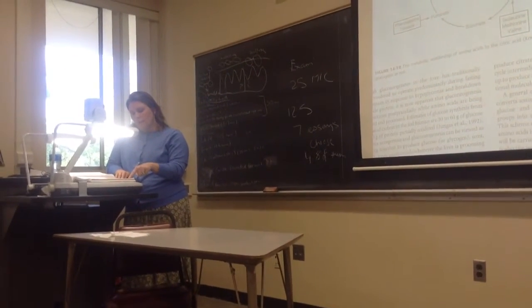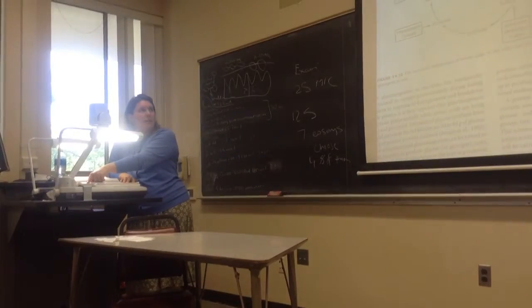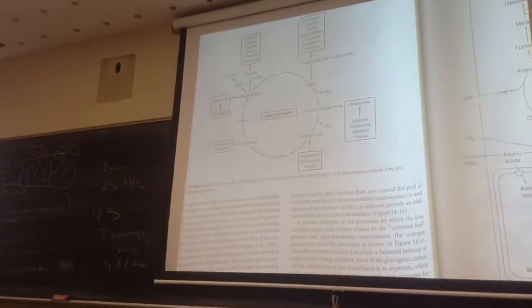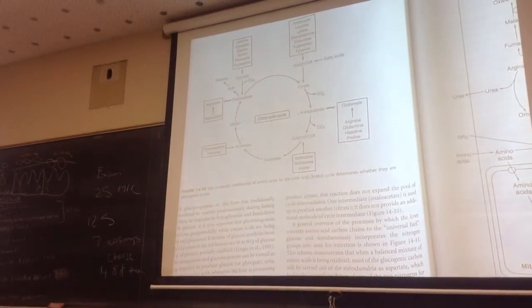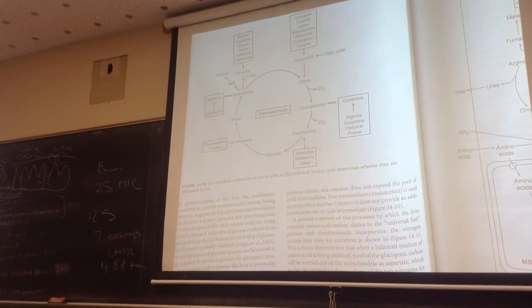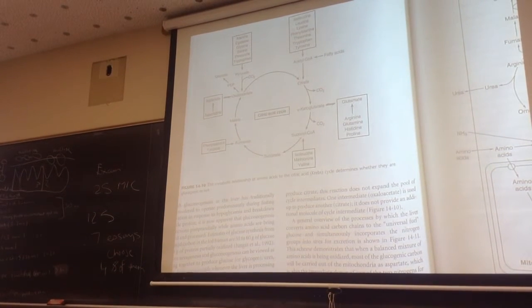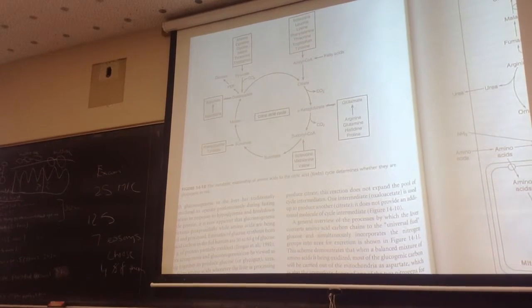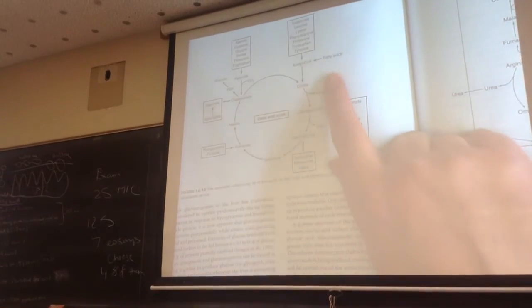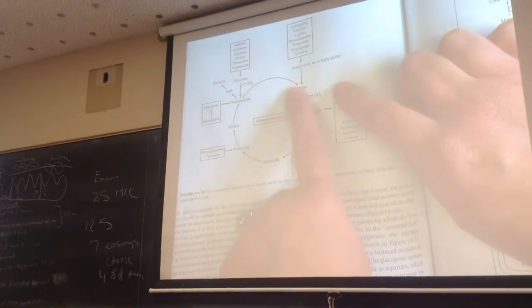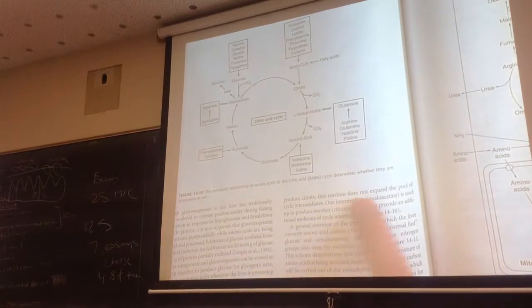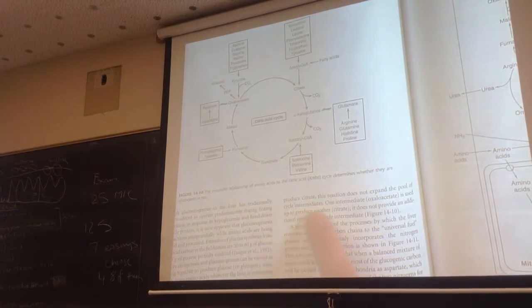The metabolism of leucine or lysine, up here, does not have an anaplerotic effect. Although carbon from these amino acids enters the citric acid cycle as acetyl-CoA, which reacts with oxaloacetate to produce citrate, this reaction does not expand the pool of cycle intermediates.